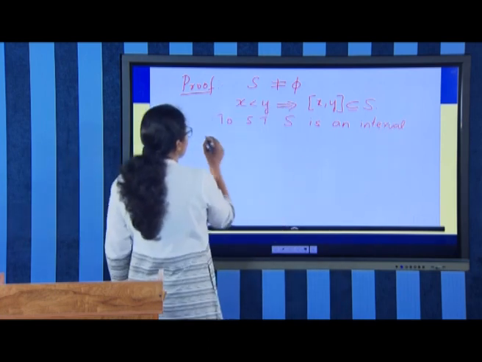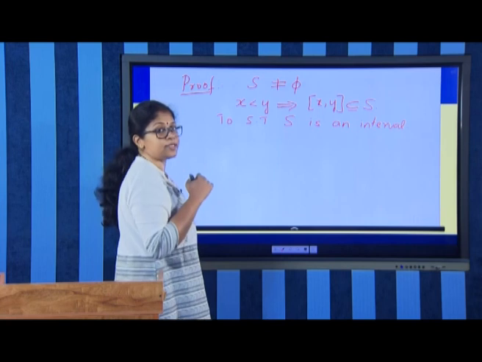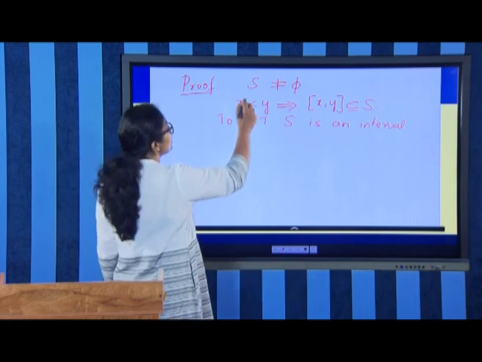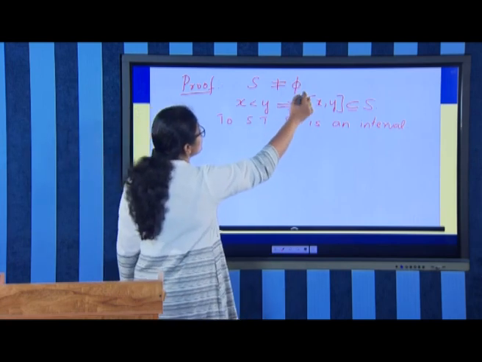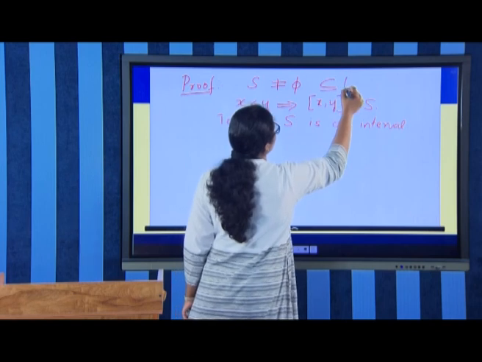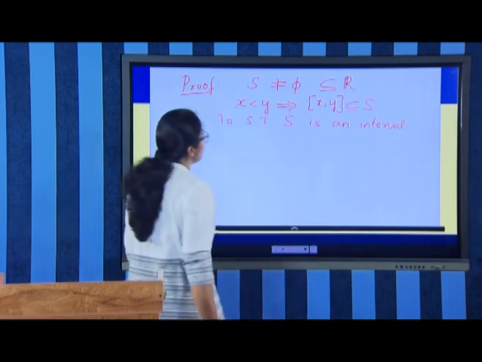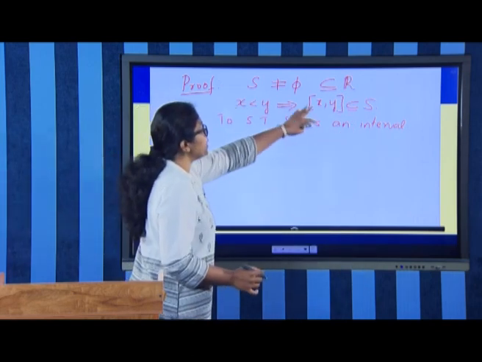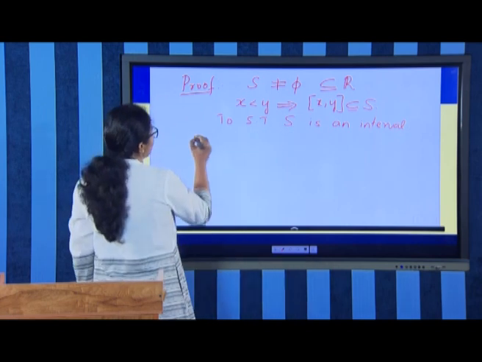So, we consider different cases. The only conditions given in the statement are that S is not equal to phi, a subset of R, and x less than y implies the closed interval [x, y] is contained in S.